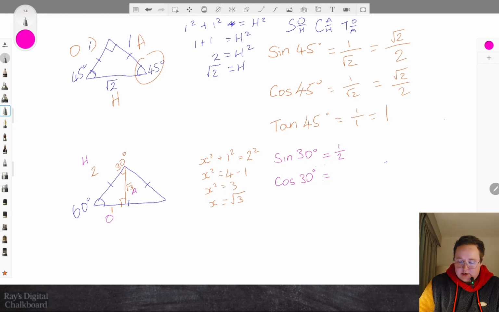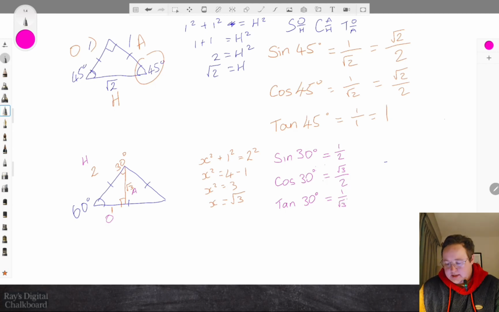This is the adjacent, so that's root 3 over the hypotenuse, so over 2, and we'll leave it in that format because the denominator is already a whole number. Then tan 30: tan is the opposite, so 1, over the adjacent, which is root 3. We can rationalize this and say that this is root 3 over 3.